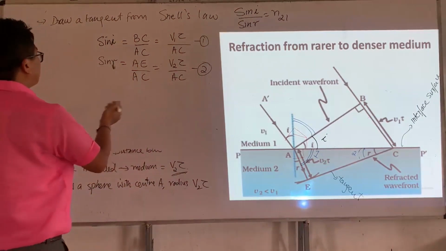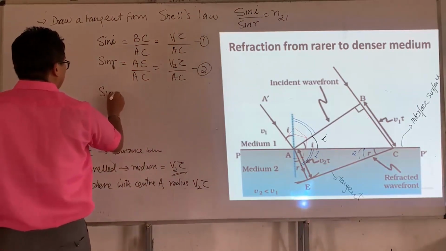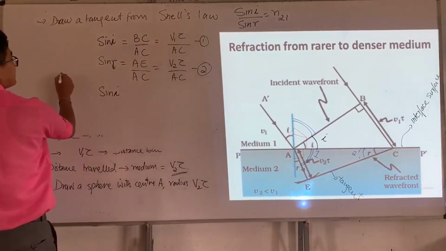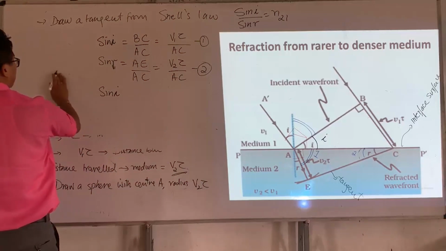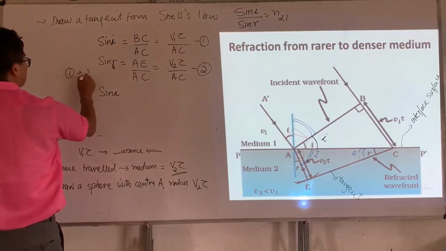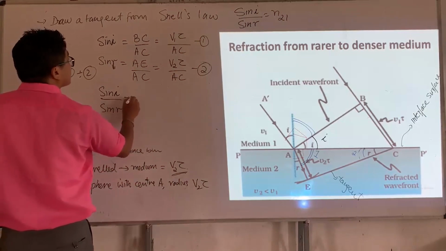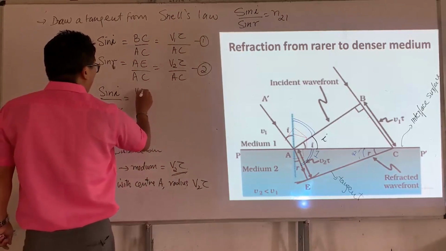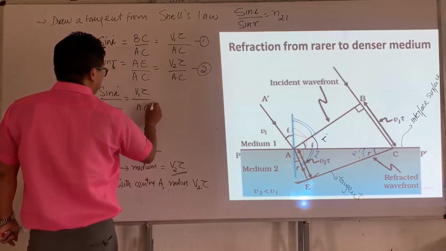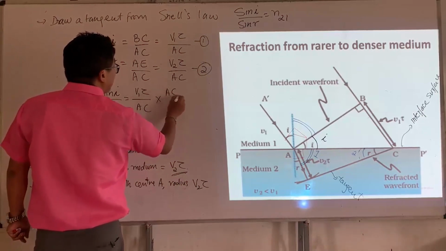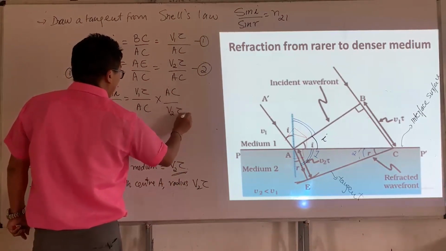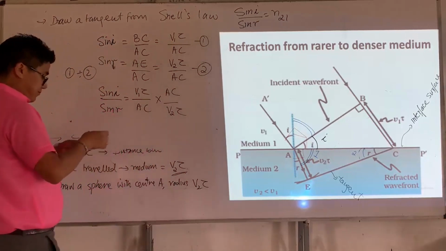Now I just divide these two. Dividing 1 by 2, sin I divided by sin R is equal to V1 tau divided by AC multiplied by AC divided by V2 tau. Cancel out.